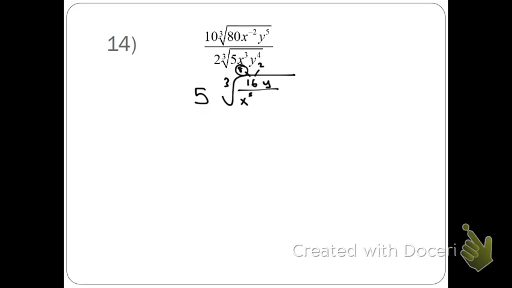Times the 5 in front gives me 10. Cube root of what's left over? 2y. All over, I should have written it like that at the beginning. What's the cube root of x to the 5th? x cube root x squared.